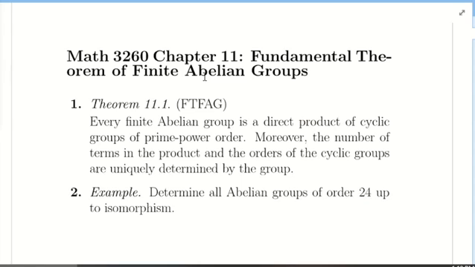All right, so we're going to talk about the fundamental theorem of finite abelian groups. This can be extended to any abelian group that has a finite number of generators, whatever that means. FTFAG means fundamental theorem for finite abelian groups.